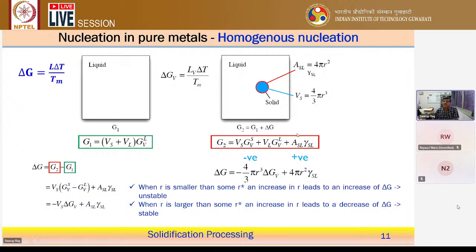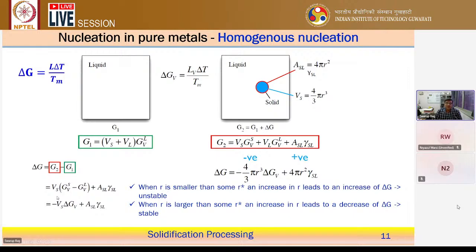So SL is the surface area times the surface free energy gamma SL. If we calculate this, we can find the total free energy change from G1 to reaching G2, from one phase to another. So the total free energy change delta G equals G2 minus G1, and we put this expression in here.